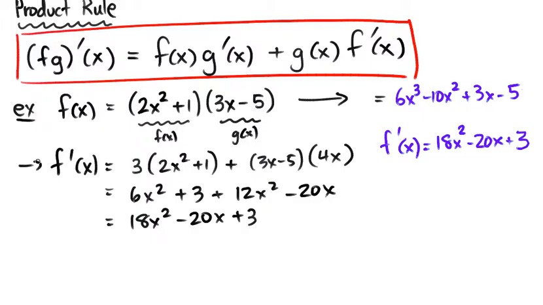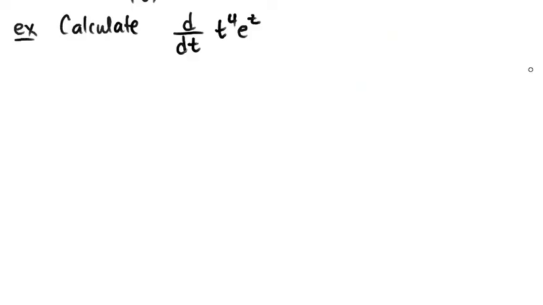Alright, here's another example. Notice when I'm taking the derivative with this example, I'm taking it with respect to the variable t. So this is my one function and this is my other function, and when I get the answer to this, I have 4t cubed e to the t plus t to the fourth times the derivative of e to the t, which is still e to the t.